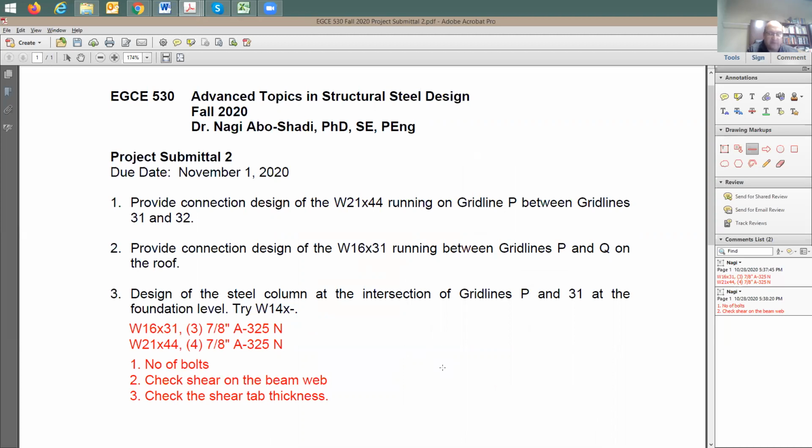You're going to have holes here for the bolts. And then item number 4, check the weld between the shear tab and the faceplate.